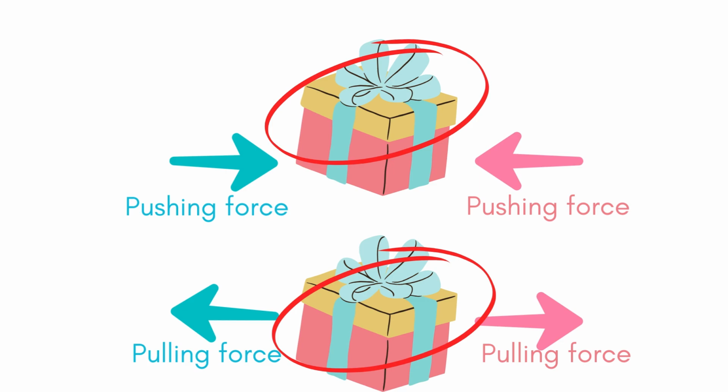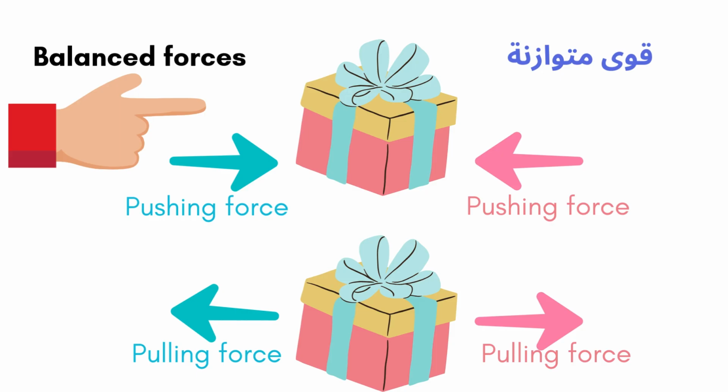Will it move or will it not move? So we have here a box that is affected by two pushing forces. They are in the opposite direction and they are the same amount. They are equal.